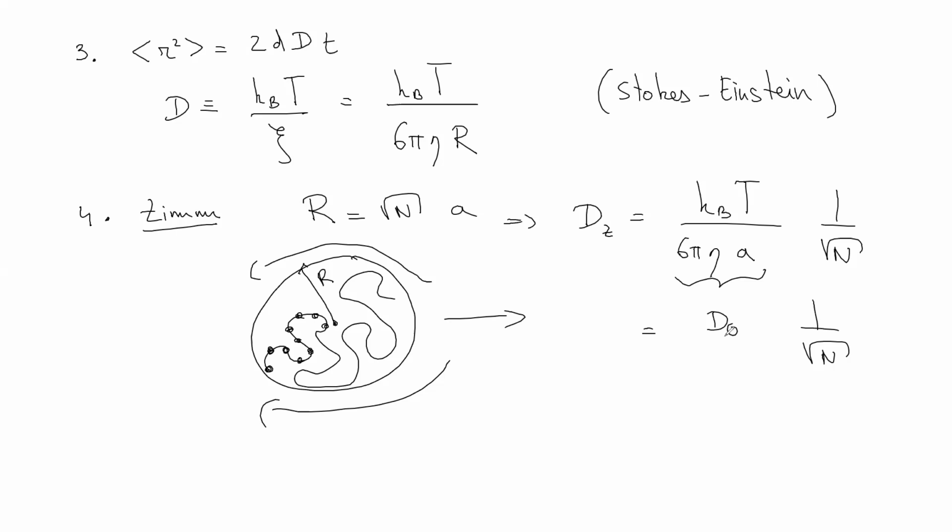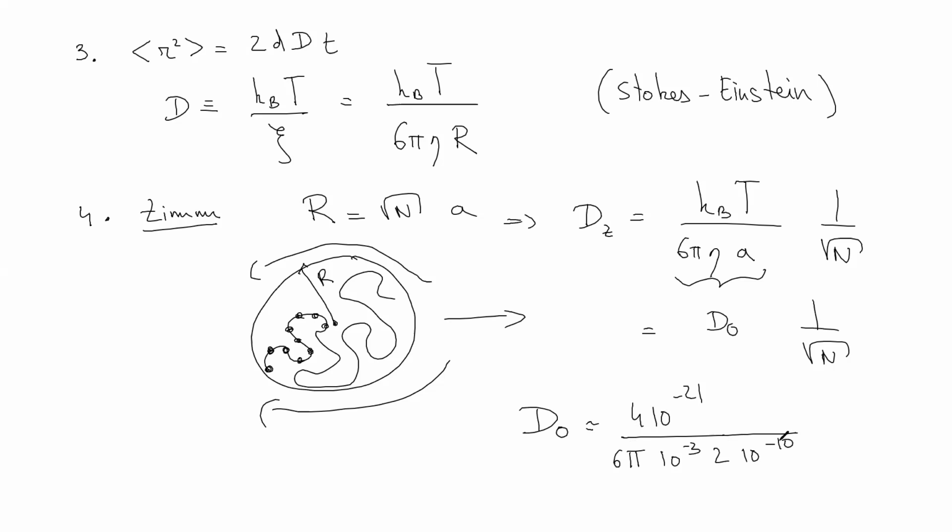And so we can estimate, by the way, D0 here, which is kBT, so 4 10 to the minus 21, divided by 6 pi. So we will discuss the prefactors after. 10 minus 3, and one monomer is 2 angstrom, as we said. Okay, so 2 10 minus 10.